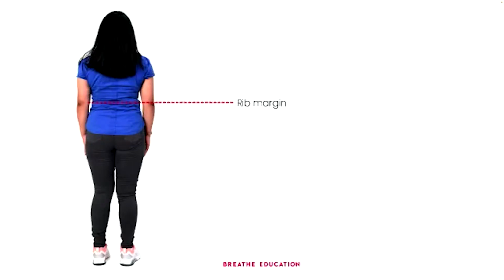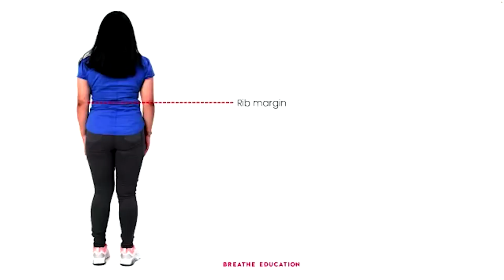The rib margin is, if you put your hands on the sides of your torso and feel down the rib cage until you run out of ribs, that's the rib margin. And the inferior gluteal fold is the happy smile in your butt, where your butt meets your leg.